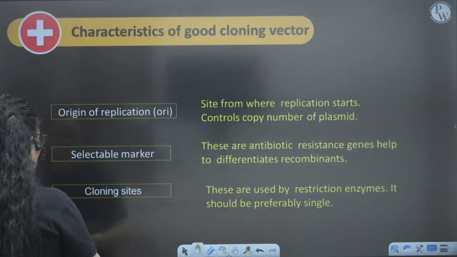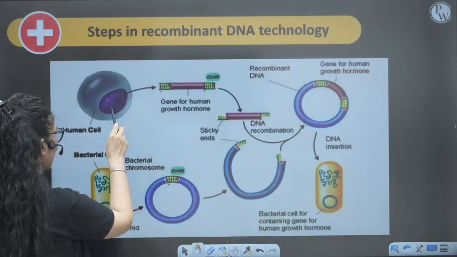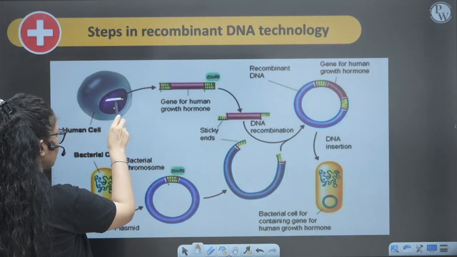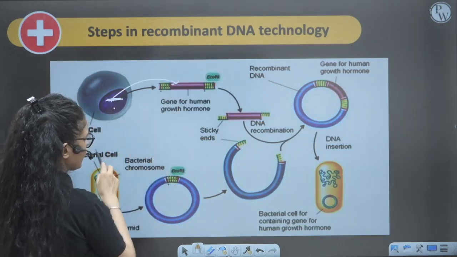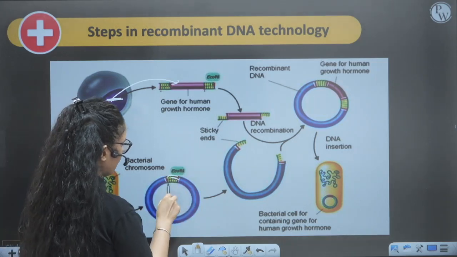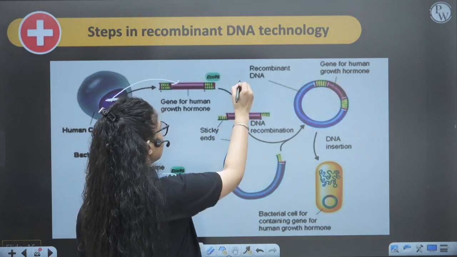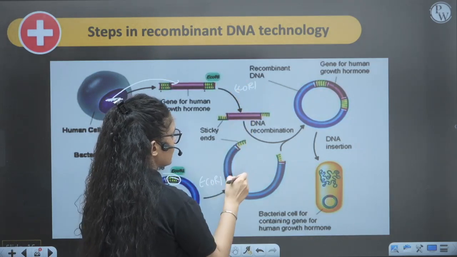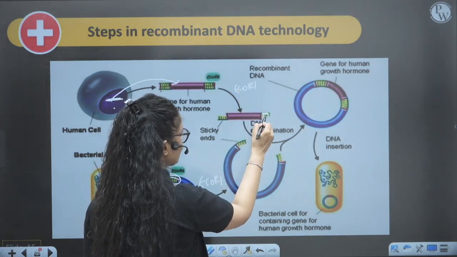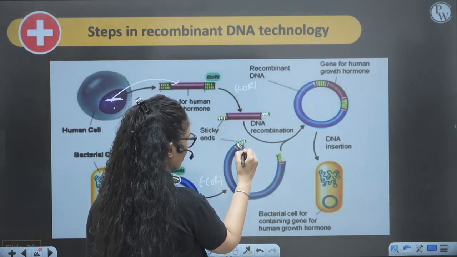So that's all about the insertion of our gene inside the vector. Suppose we require a gene from the human, we cut it with the help of a restriction enzyme. Suppose this is the vector, we cut it with the same restriction enzyme, EcoRI, right, here also cut with EcoRI. Now we have the sticky ends in the gene of interest, and these are complementary to each other.